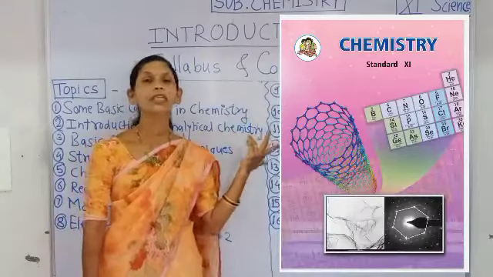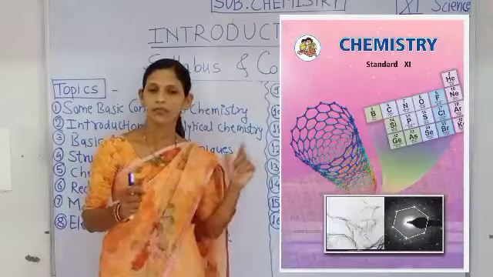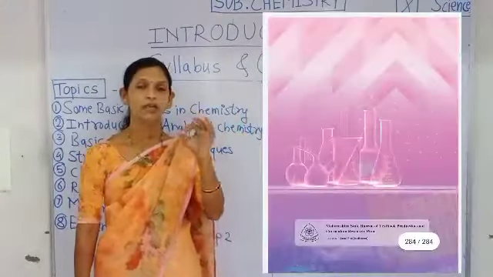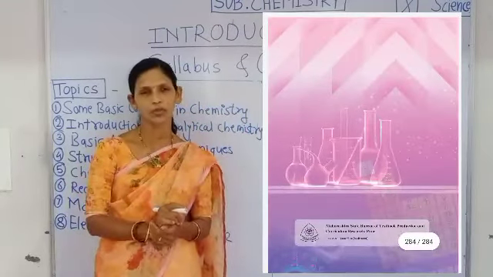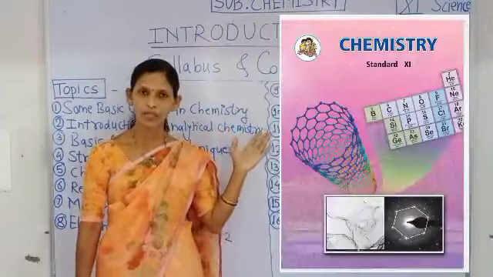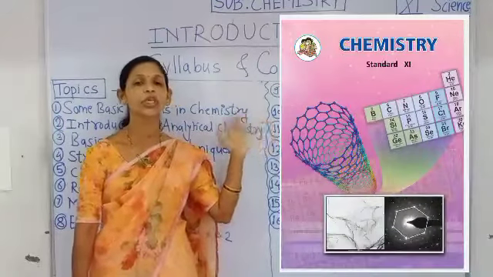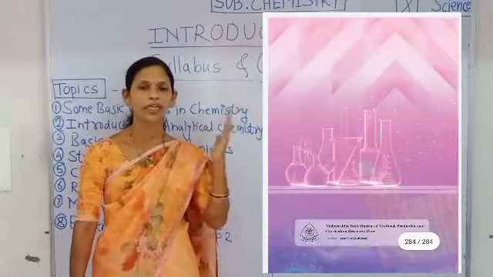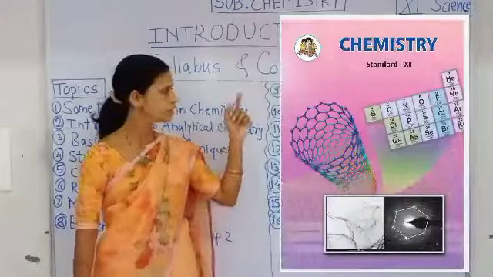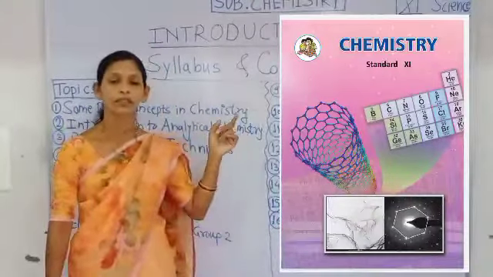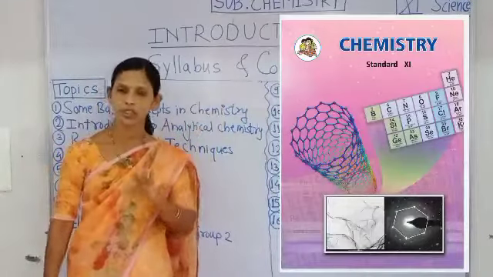First of all, see the front page and last page of the chemistry textbook. Observe the figures and diagrams given on the front page and last page. See here on the front page the periodic table which is given.